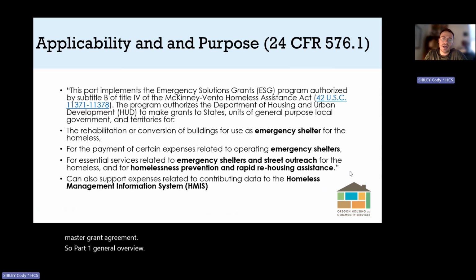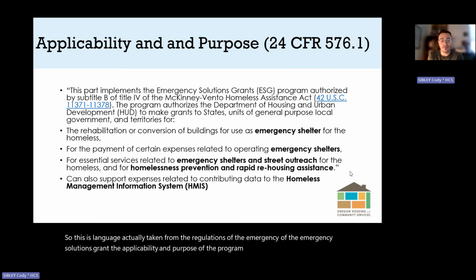So this is language actually taken from the regulations of the Emergency Solutions Grant, the applicability and purpose of the program. I will leave it up here for you to read. But if you also just want to go look on your own, you can find it at 24 CFR 576.1. Generally the purpose of the program, it's implemented as authorized under the McKinney-Vento Homeless Assistance Act.